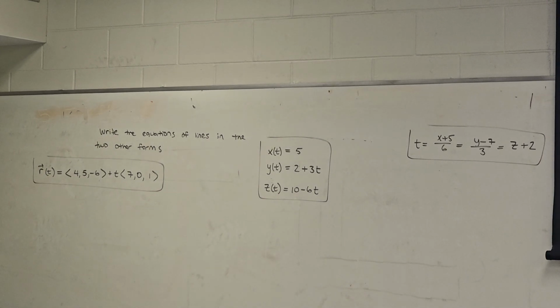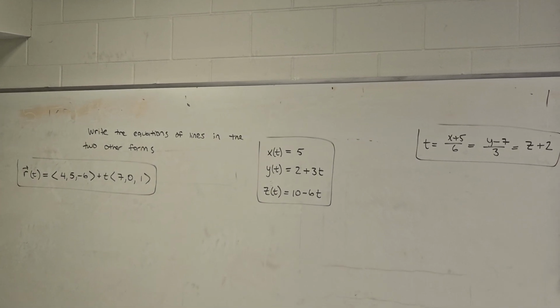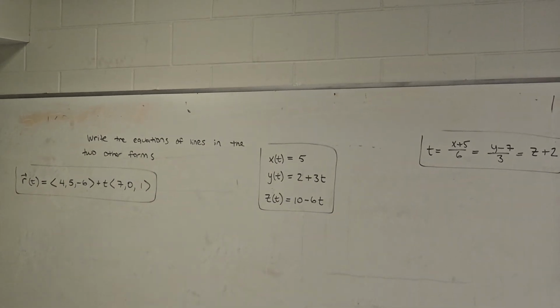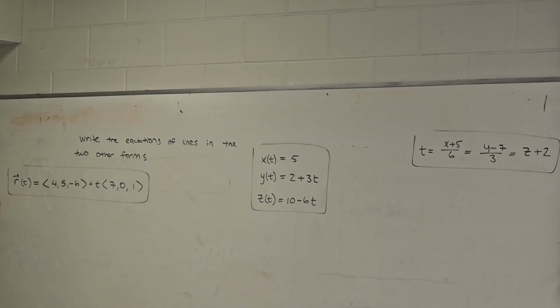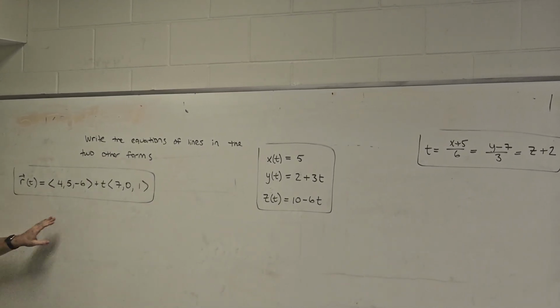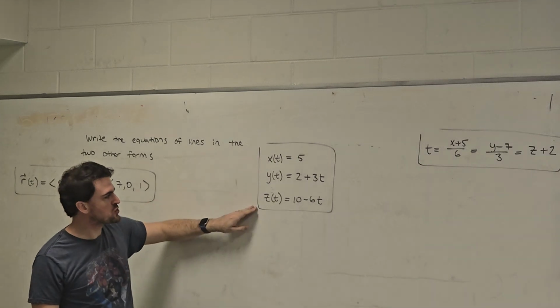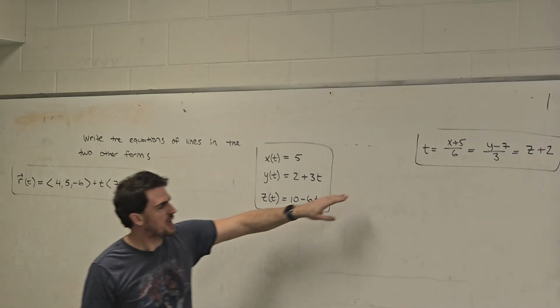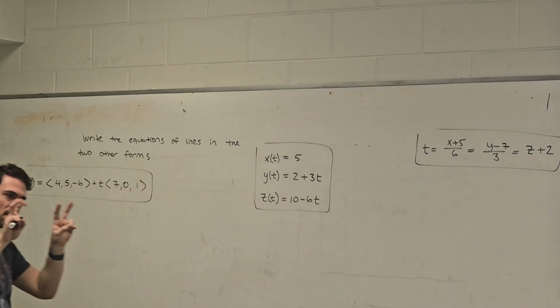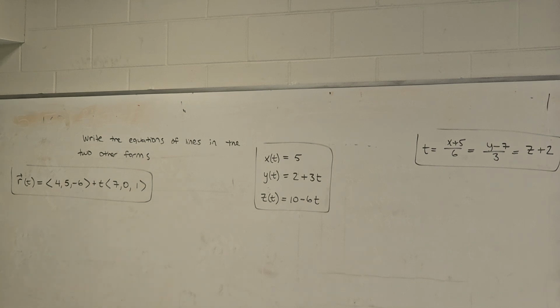So I gave you three equations of three different lines. An equation in vector component form, a line written in parametric form, and a line written in this quote-unquote symmetric form. Take 2 seconds, write each of the equations in the other two forms. So for instance, for this vector component form, write it in parametric form, write it in symmetric form.